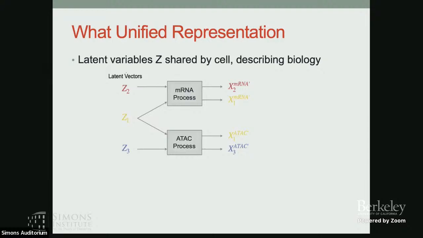What we of course measure is the result of a process that these latent variables go through to create the count data that we see from the RNA. And similarly for open chromatin, that creates another process that gives us the data. So for these same yellow cells, where we get to observe the end products of both, the idea is that they come from one shared latent variable. And if we did get both on these cells, it would be the same. In other words, there are these latent variables that we want to use.